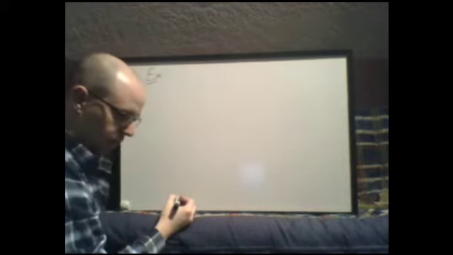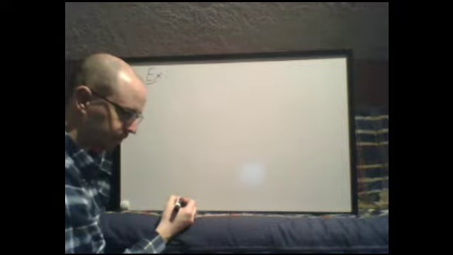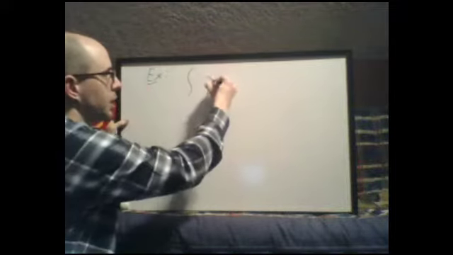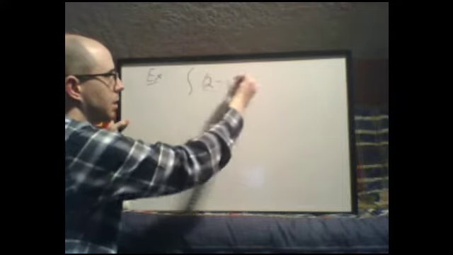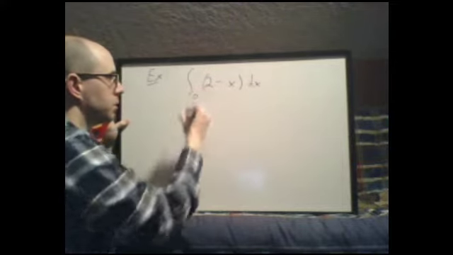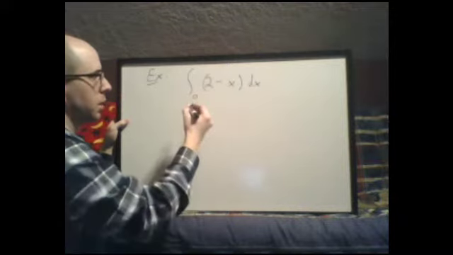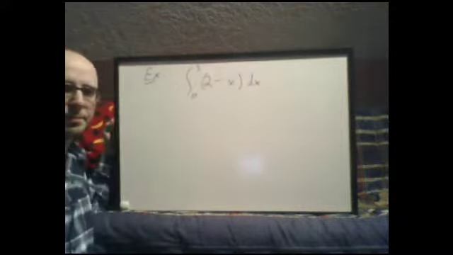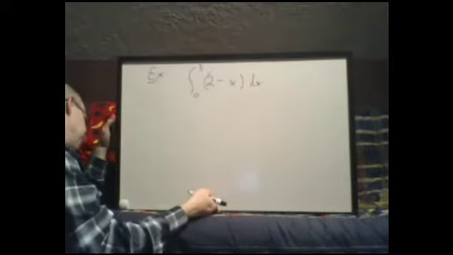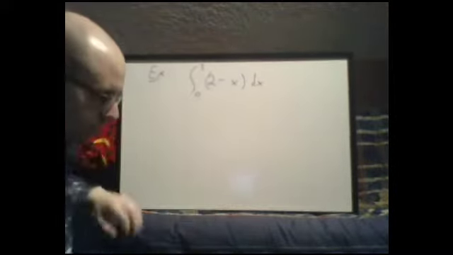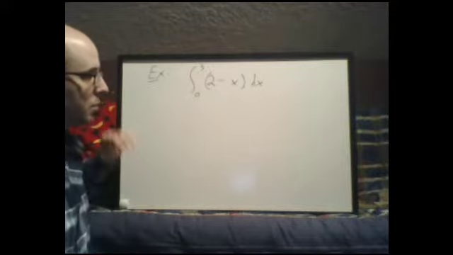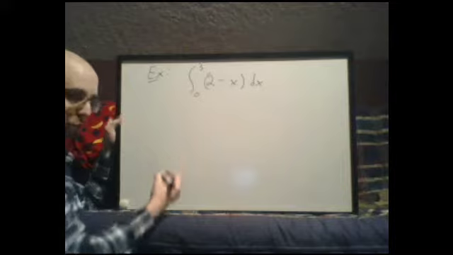So, for example, suppose we had the integral of, let's say, 2 minus x dx from 0 to 3. Okay, so let's compute this with our fundamental theorem of calculus from the previous video first, and then we'll think about what the graph looks like.